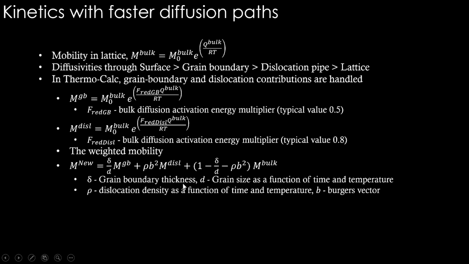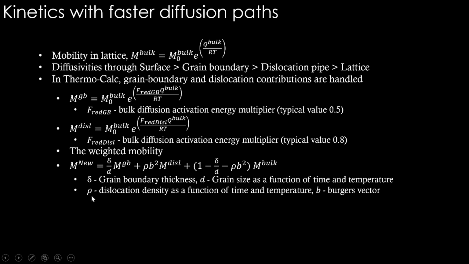Delta is grain boundary thickness, which tells you the grain boundaries are not just a single layer of atoms. There is a thickness to that. It means more number of atoms can come into picture in grain boundary. Therefore, more disordered atoms and higher the contribution of grain boundaries. And d is grain size as a function of time and temperature. Smaller the grain size, higher will be the contribution of grain boundary diffusion.